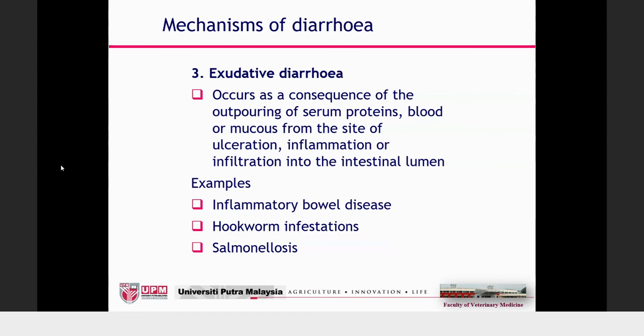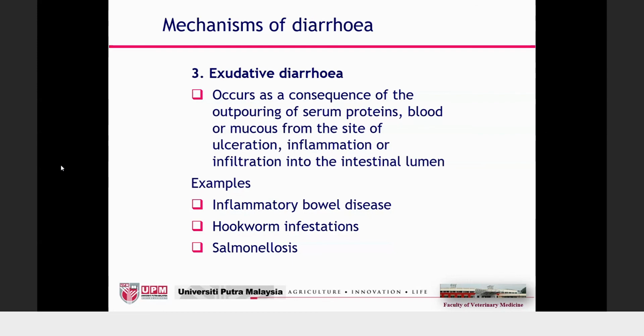So in principle, it's important for you to classify the type of diarrhea. But if you're not able to, you might do it by other means, not only by auscultation and so on. That's why when an animal has diarrhea, one of the important things you ask is how frequent is it, and what type of feces.